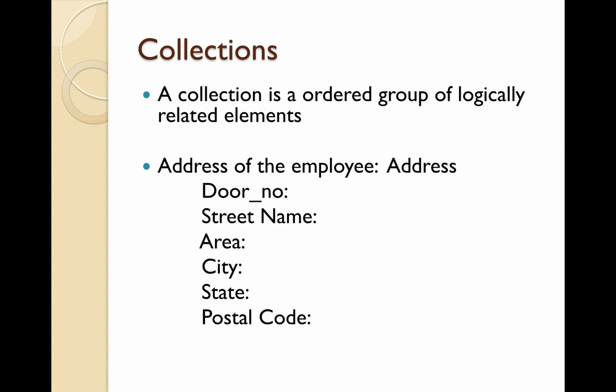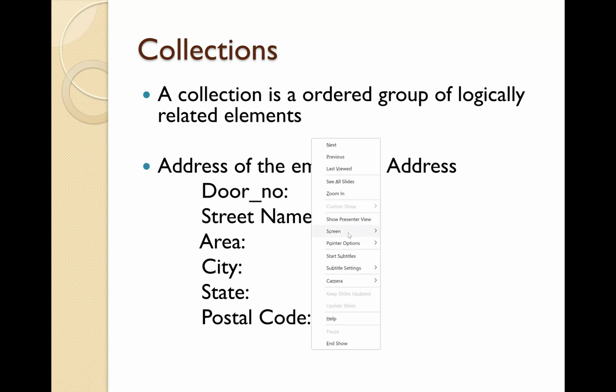If you see the collections, a collection is an ordered group of logically related elements. Sometimes in a real-time project, you'll have an address field, right? The address is like a single field. But the thing is, how will it be stored in the database?